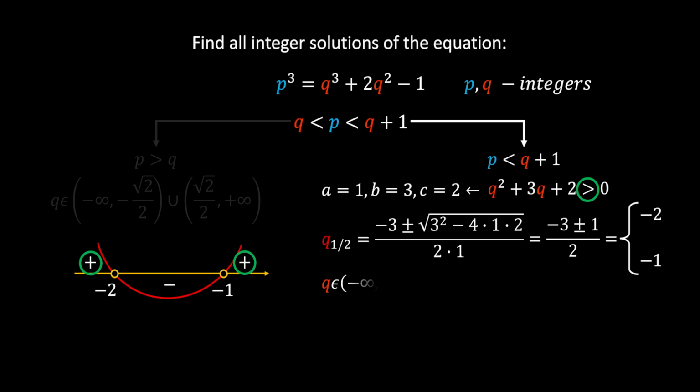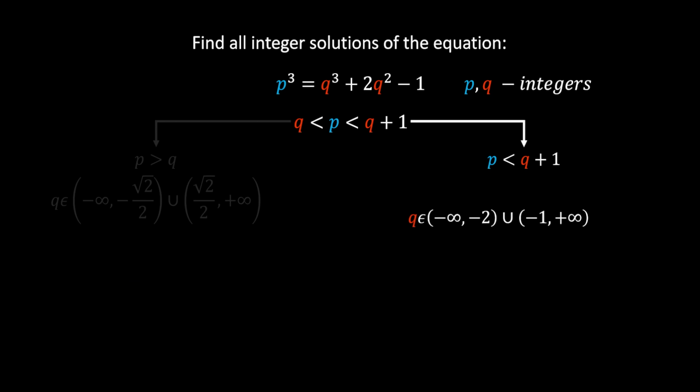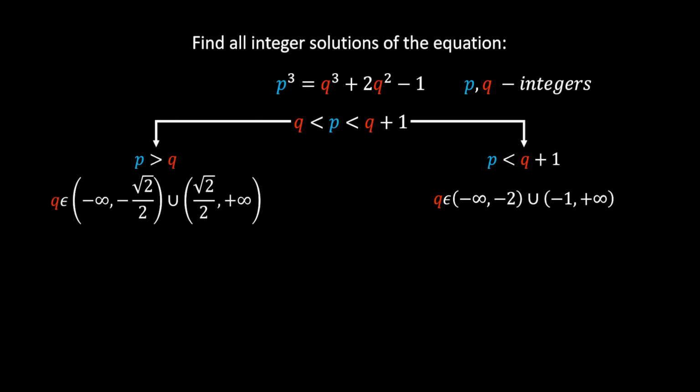So those conditions are obviously that q must be between minus infinity and minus 2, and from minus 1 to plus infinity. And now we have our conditions, but remember, those are conditions when p and q are not integers. So in order to find the conditions when p and q are actually integers, we need to find the opposite conditions of those that we have.